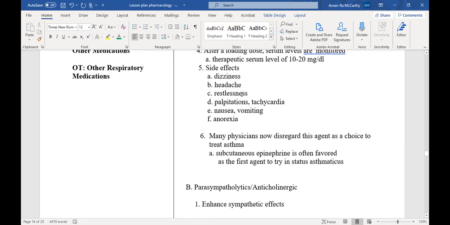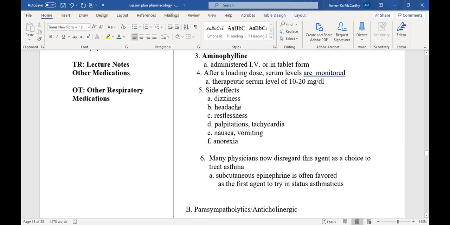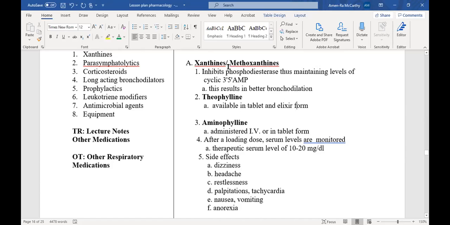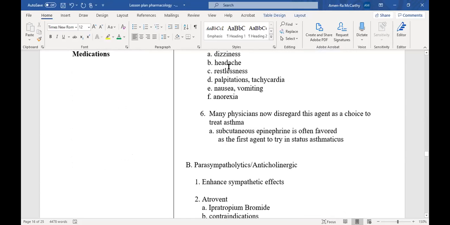And if you have such a bad asthma problem or such a bad lung disease that you constantly need to be dilated, then you're eventually going to start losing weight because you're never going to eat, because it causes you to be nauseous. Every time you eat, you throw it back up, okay? So those are some of the side effects of xanthines, okay?